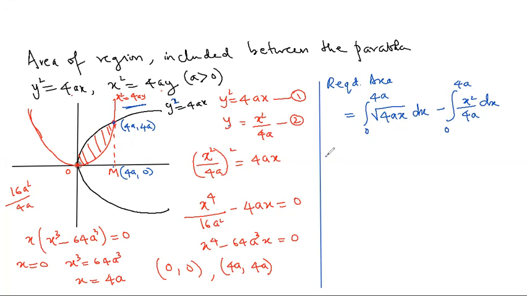So now I can write this as 2 root a x raised to 3 by 2 upon 3 by 2 from 0 to 4a. Here 1 by 4a I'll take outside. X cube by 3 from 0 to 4a.